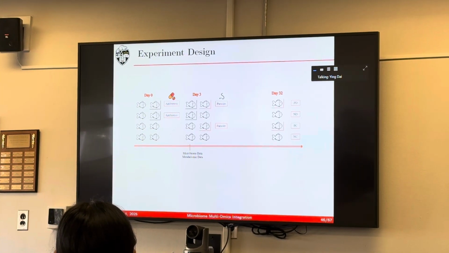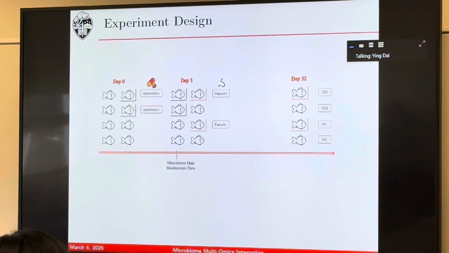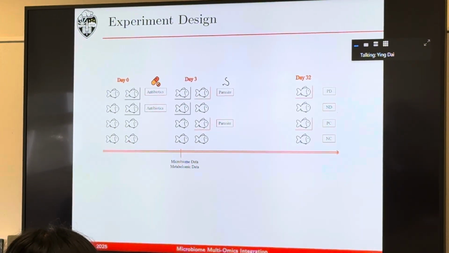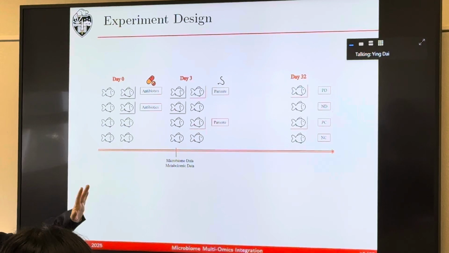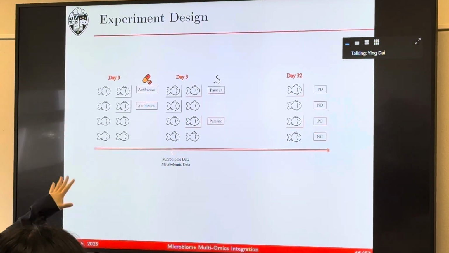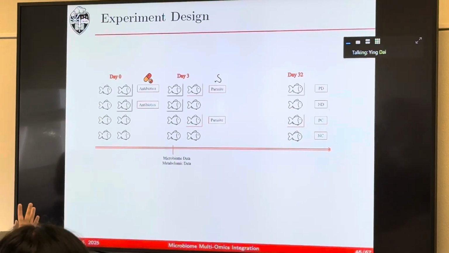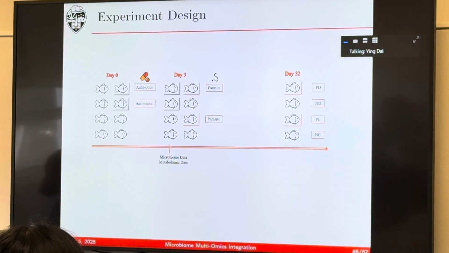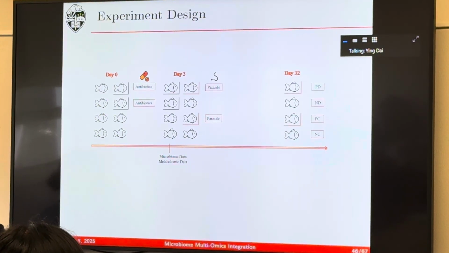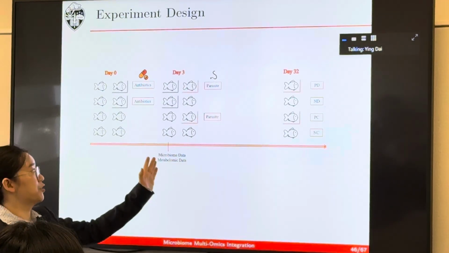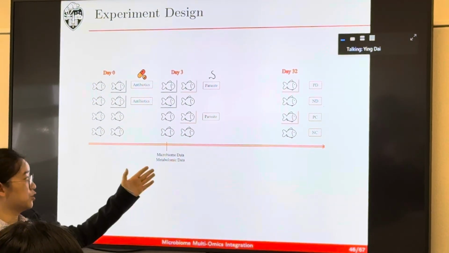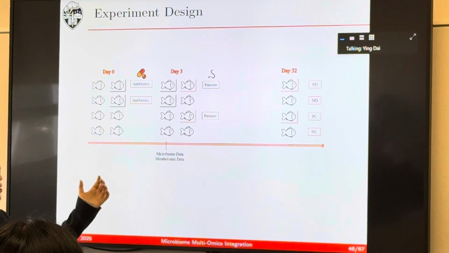We applied this to zebrafish data, which has come from Tom Sharpton's lab. Here is the experiment design. On day 1, we have 100 fish, and half of them are introduced to antibiotics. On day 3, they change the tank water and get measured for microbiome data and metabolites data.